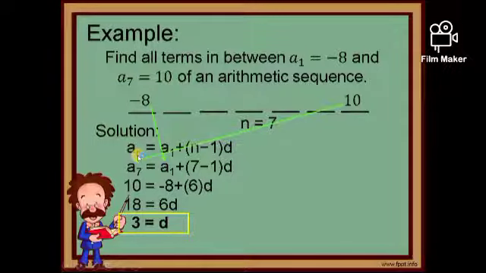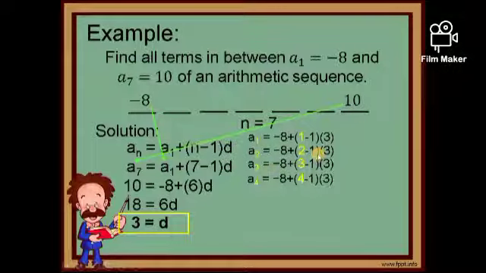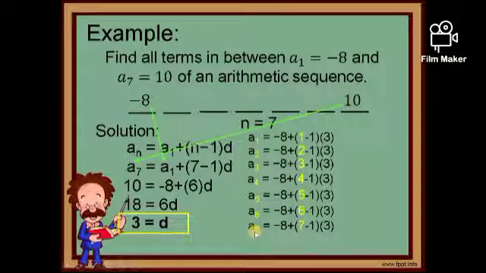Let n equal 1 to have the first term. Let n equal 2 to solve for the second term. And keep going. Let n equal 3 for the third, 4 for the fourth, 5 for the fifth term, until we reach a sub 7 or the seventh term. Now simplify this.